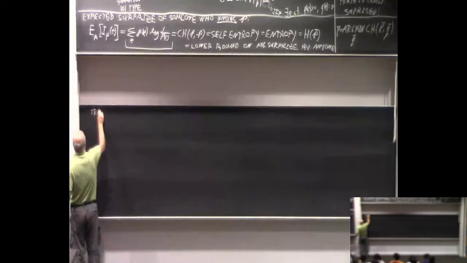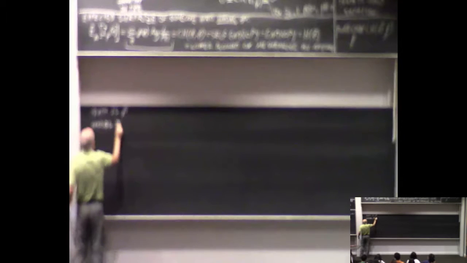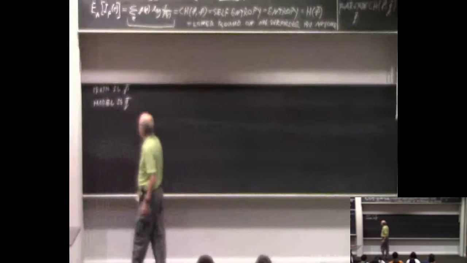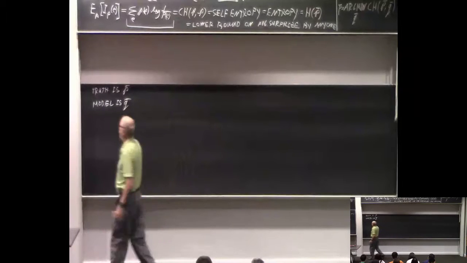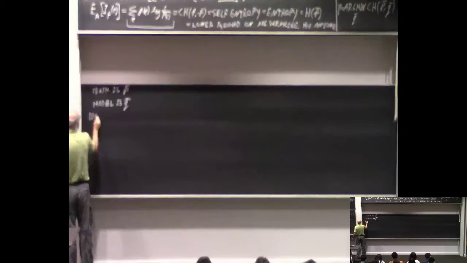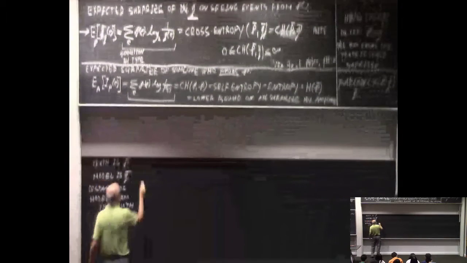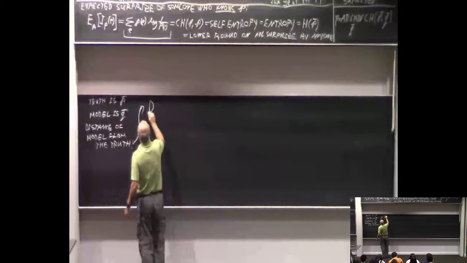So the truth is P, model is Q. I can think about the distance of the model from the truth. I'll write it like this: distance.